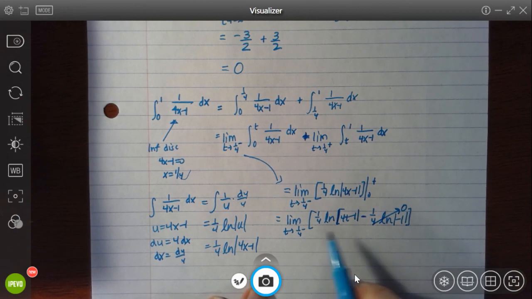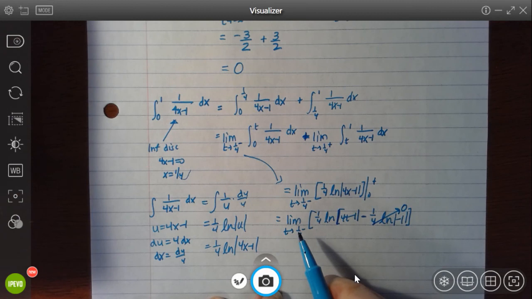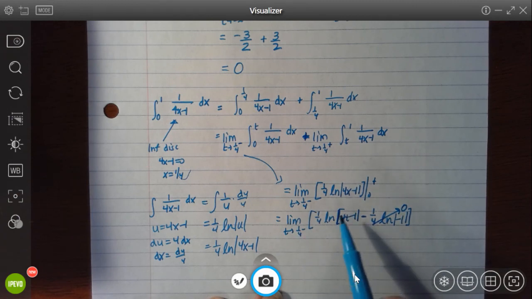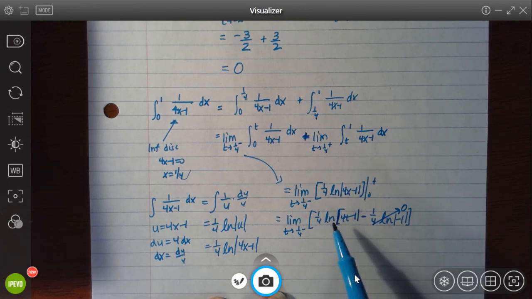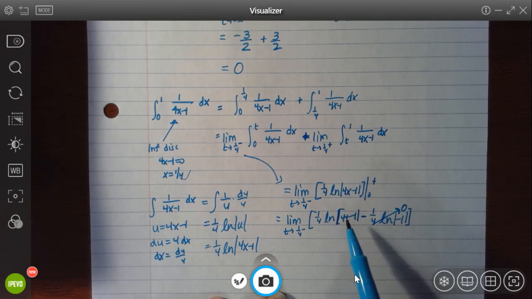But for this one here, as t approaches 1/4 from the left, as we're getting these values here, we're creating values in here that are going to approach basically the natural log of 0. And if we think about the values of the natural log of 0, as we're approaching these from the left, we're getting the natural log of these values that are going to be very small.